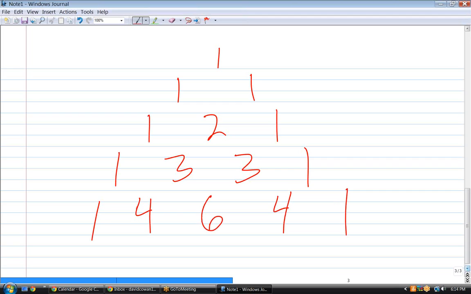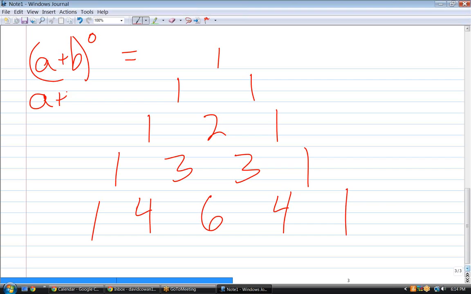If you compute, let's see here. These coefficients, does it have to be Pascal's triangle? Because Pascal's triangle ends up being the coefficients of a plus b to the 0th power equals that.